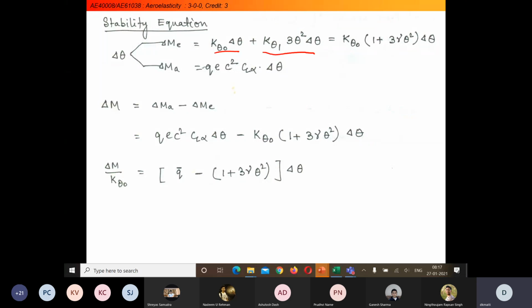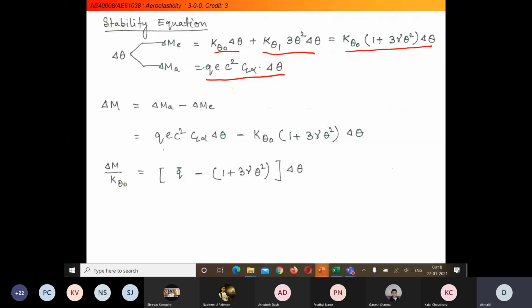With that delta theta perturbation, whatever restoring elastic moment will be developed in the system. Similarly, aerodynamic moment will be q e c square C_L alpha into delta theta. So now we can consider the case that delta M is equal to delta M_A minus delta M_E, substituting: q e c square C_L alpha into delta theta minus k theta naught into 1 plus 3 gamma theta square into delta theta.